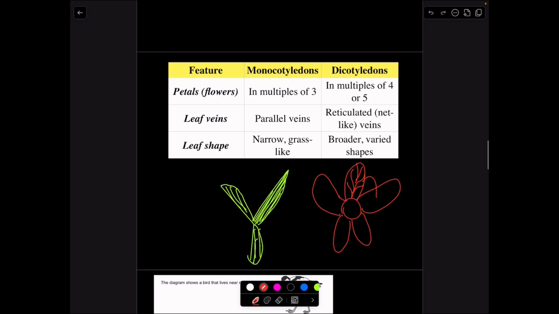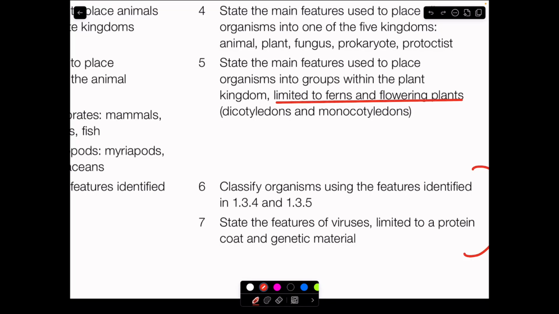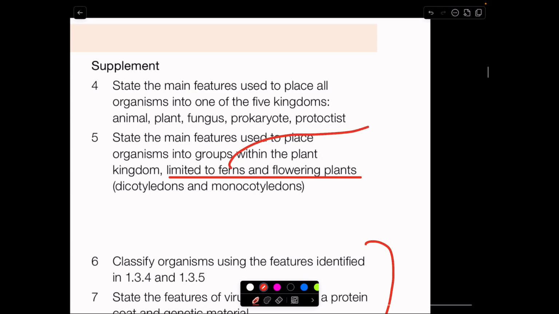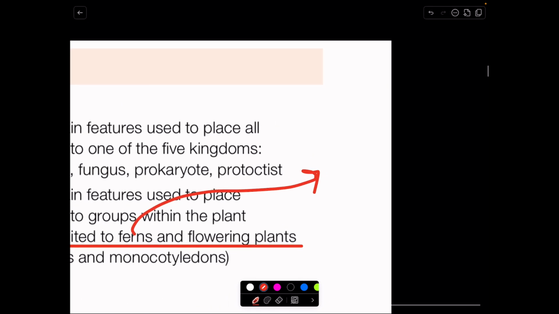Now the next thing you need to know, groups within the plant kingdom, is about ferns and flowering plants. Okay, now ferns are basically these plants that have leaves called fronds. Okay, so their leaves are called fronds, and they do not produce flowers.